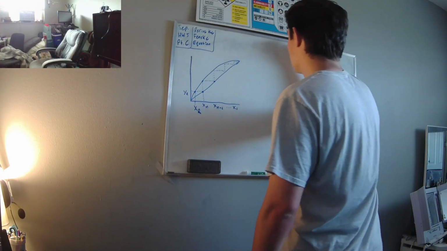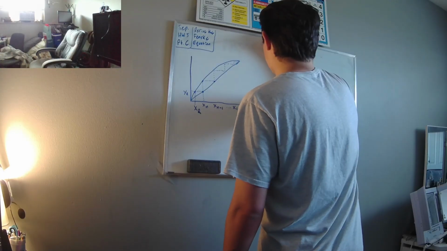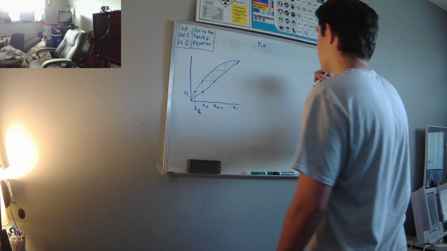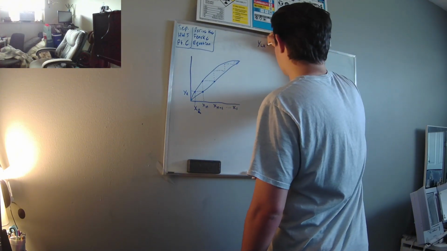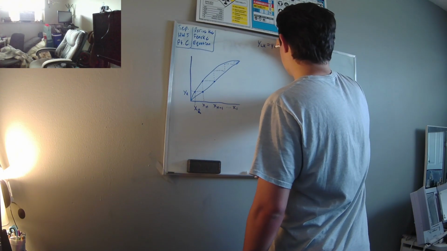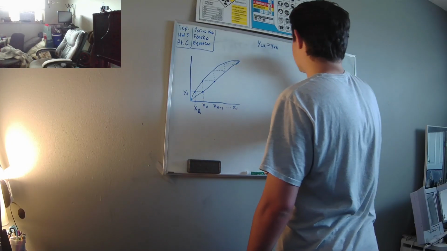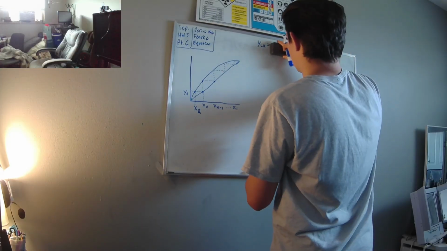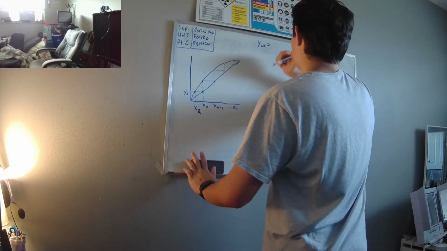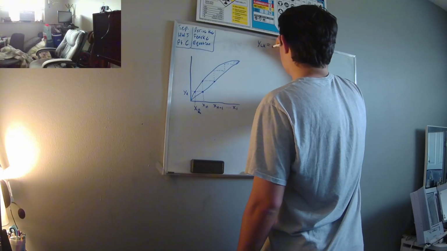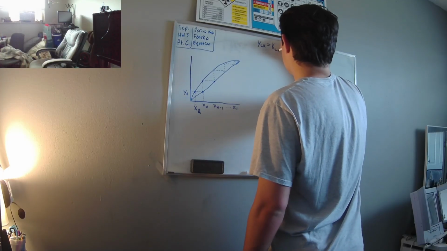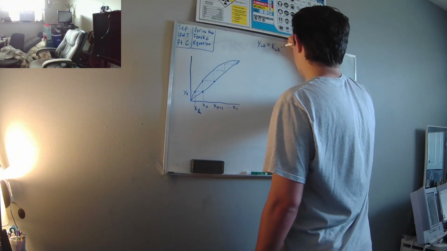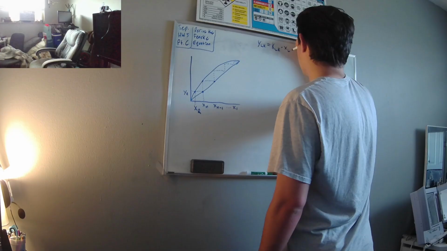So we can say from previous derivations that our Y for the light key at R is going to equal our K for the light key, our partition coefficient, times our X for the light key.